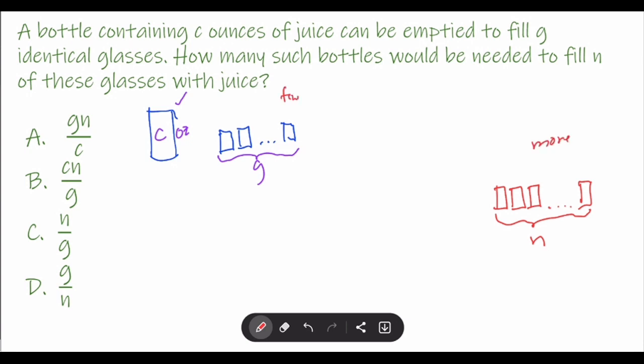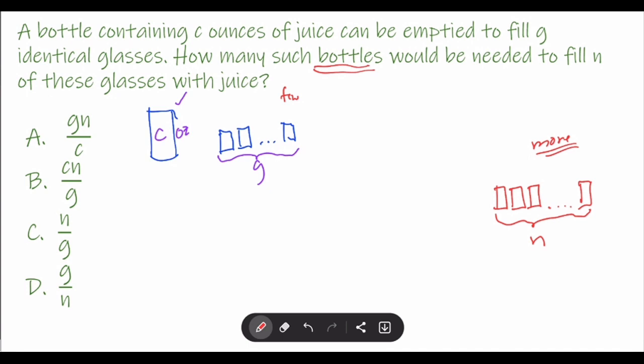There are only a few of this because it only needs one bottle. But this one is for sure a lot of glasses, but it's just N number of glasses. Why did I say it's more? It's surely more than the G because it says how many such bottles. So for sure it's not only one bottle because it says bottles of juice.